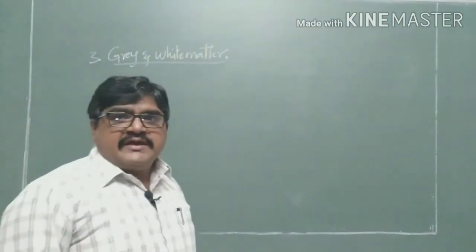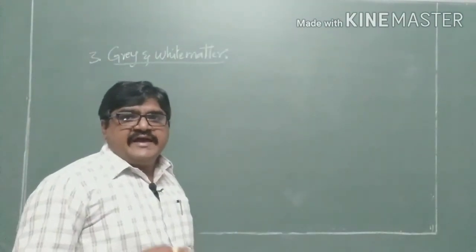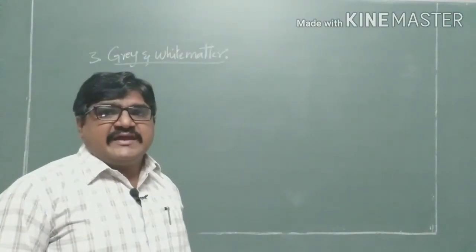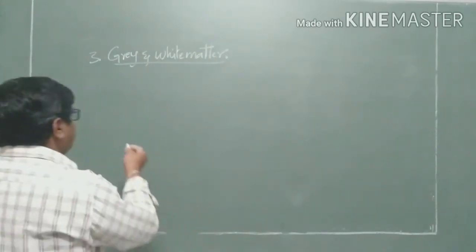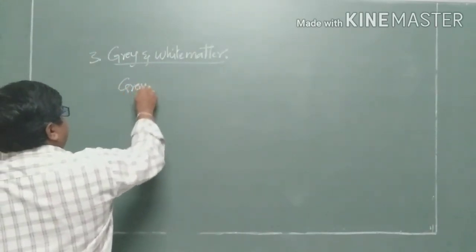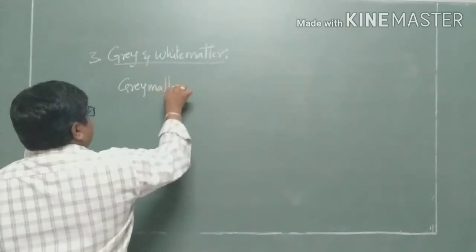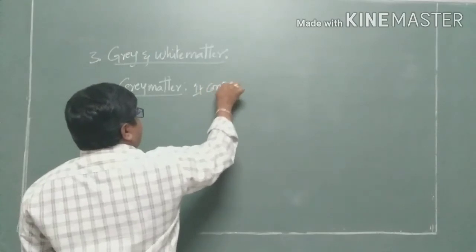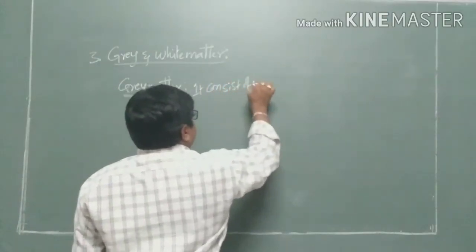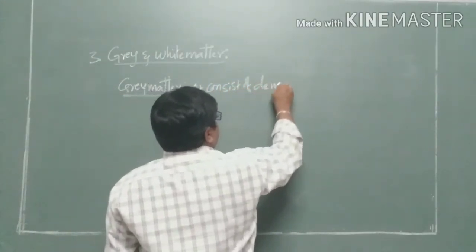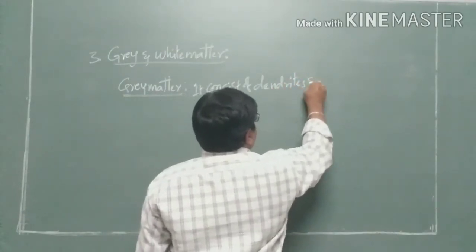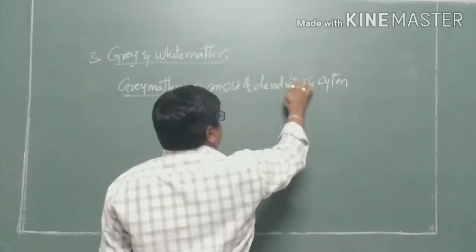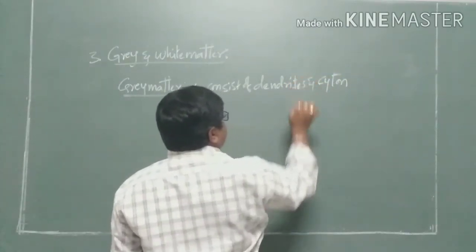Gray matter consists of the dendrites and the cyton.